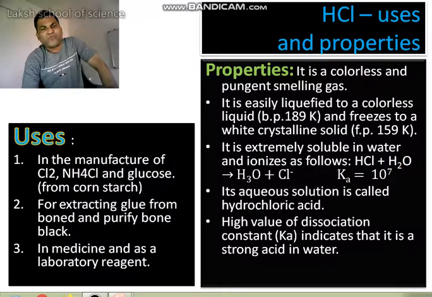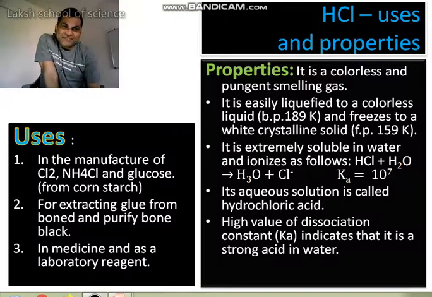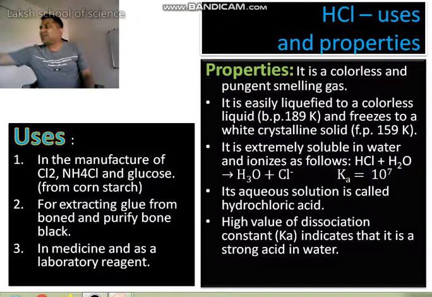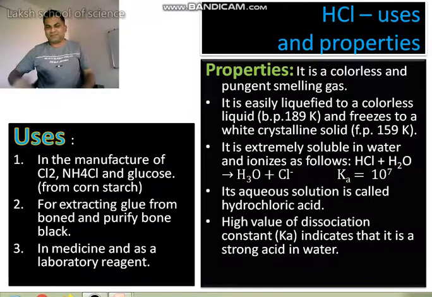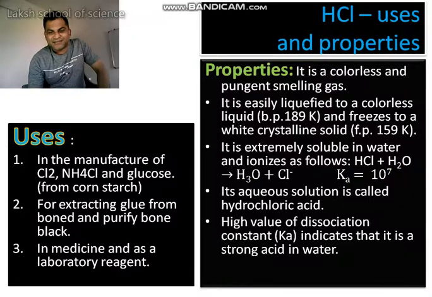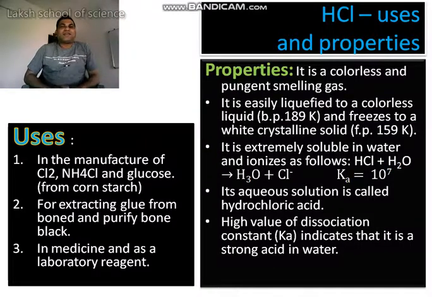It is used in the manufacture of chlorine and glucose from starch, for extracting glue from bones, and to purify bone black. Now this will be an interesting talk. When a bone is cut, there is a narrow hole inside, known as bone marrow. What is bone black?